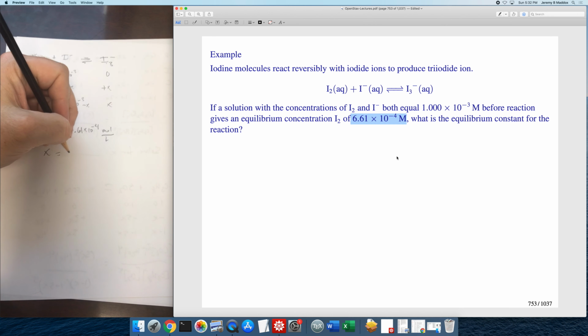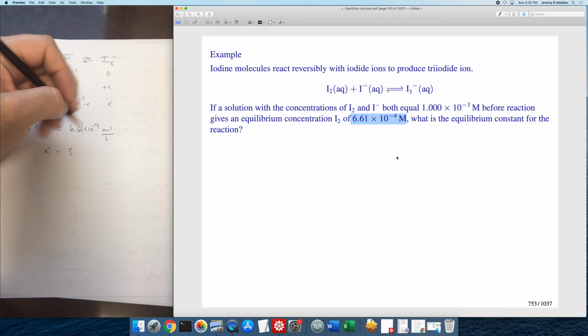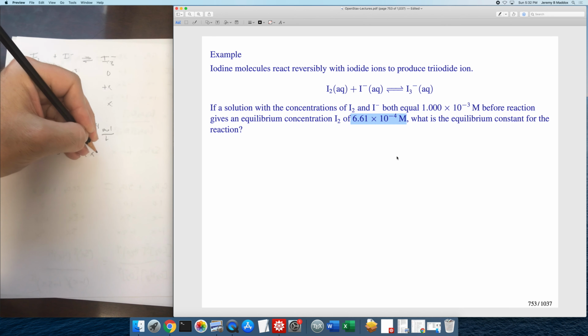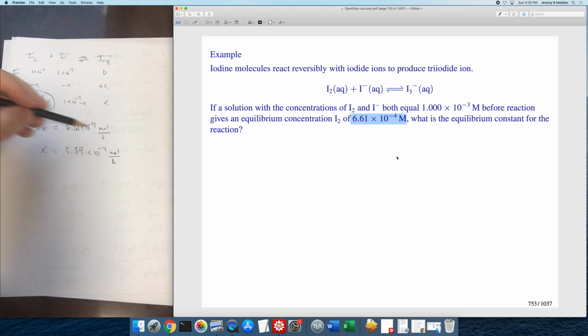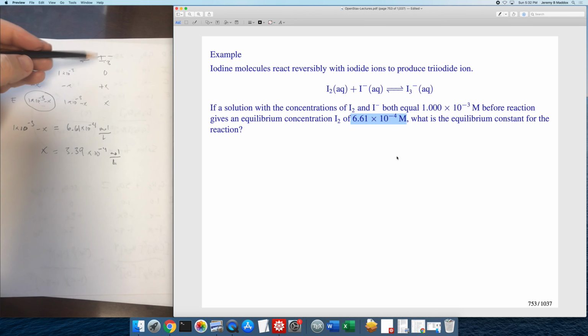And I'm getting, call it, 3.39 times 10 to the minus 4 moles per liter. So I just algebraically rearranged it and solved for the value of x. Okay, and so that is the triiodide concentration.